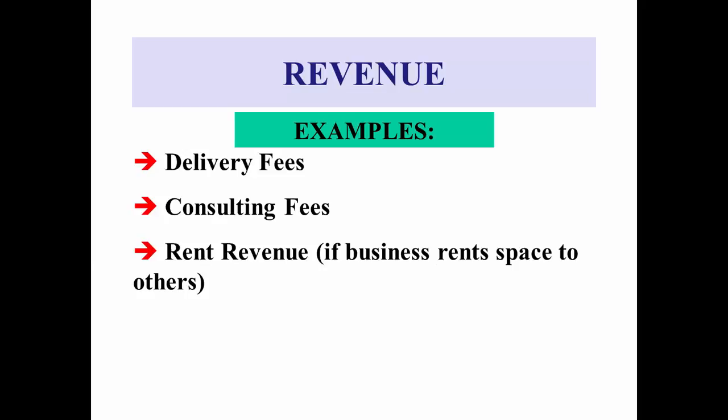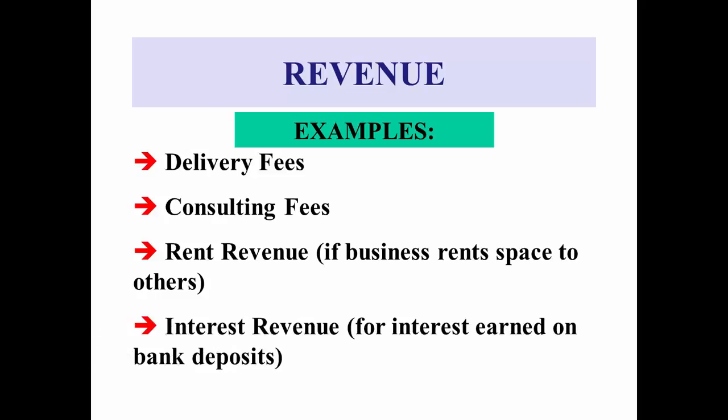Rent revenue, if we rent out space, if we're a beauty salon and we rent out some of our space for someone that does nails and they pay us rent, then we have earned rent revenue. Interest revenue is if we have money in some kind of investment and that investment earns us interest.